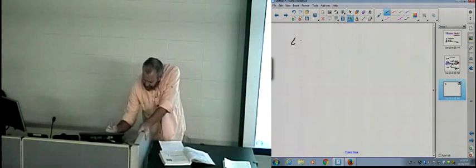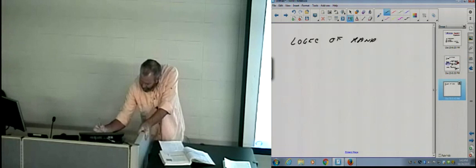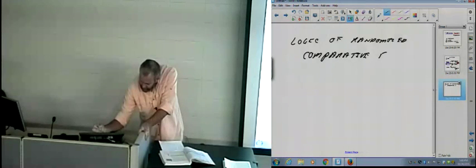The logic of randomized comparative experiments.